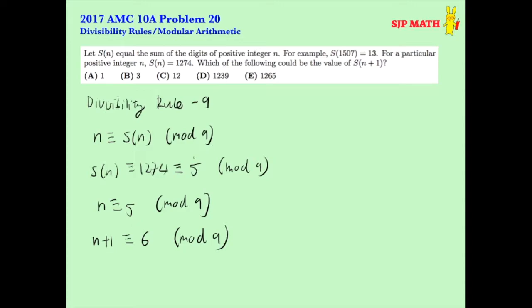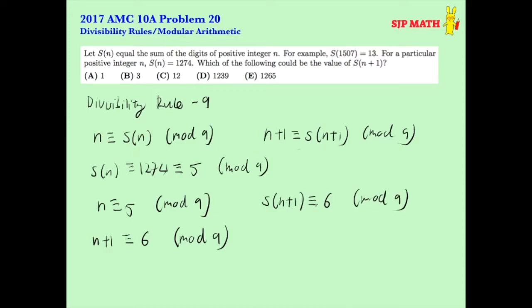And from this statement, we can conclude that n plus 1 is congruent to S of n plus 1 mod 9. So S of n plus 1 is congruent to n plus 1, which is congruent to 6. So S of n plus 1 will be congruent to 6 mod 9. Ooh, we finally got a statement describing S of n plus 1.